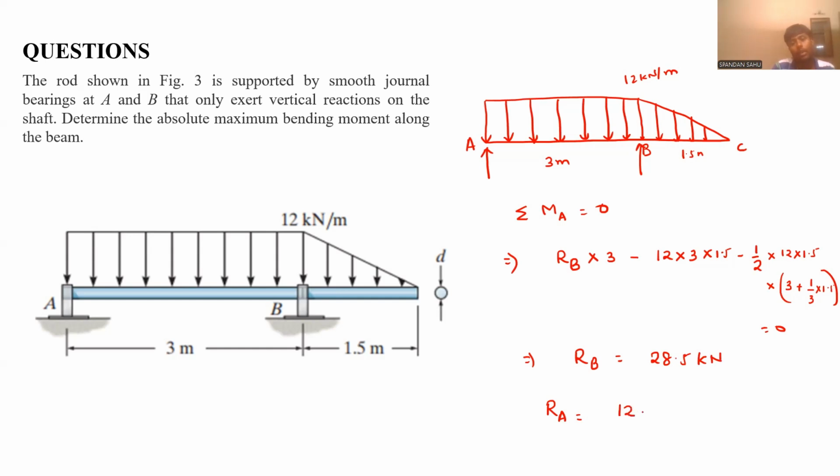RA will be 12 into 3 plus half into 12 into 1.5 minus 28.5. So 36 plus 9 minus 28.5.